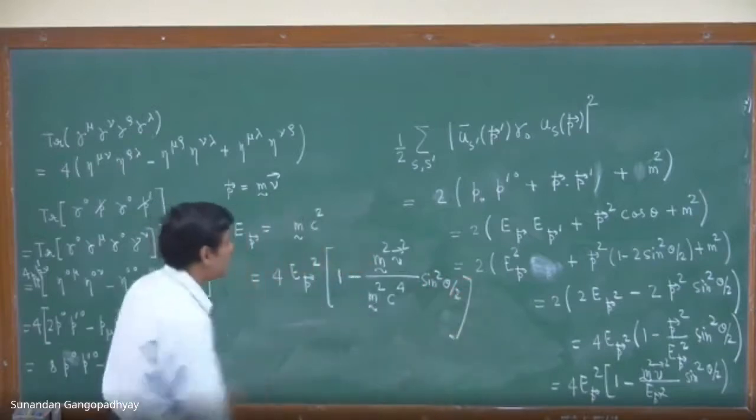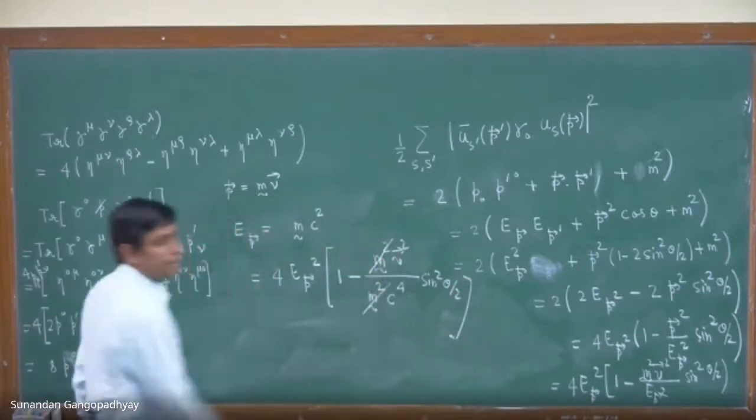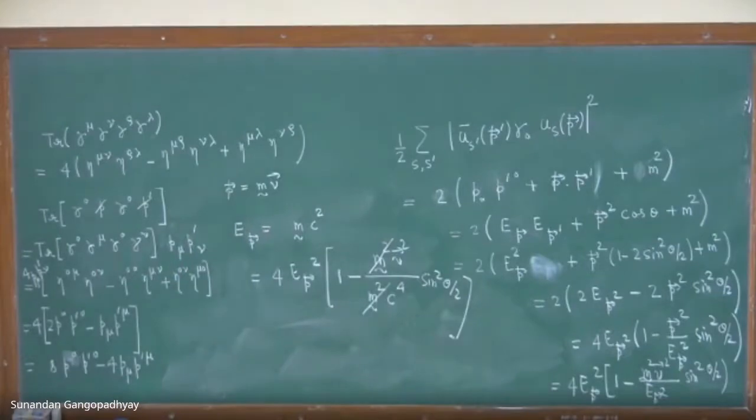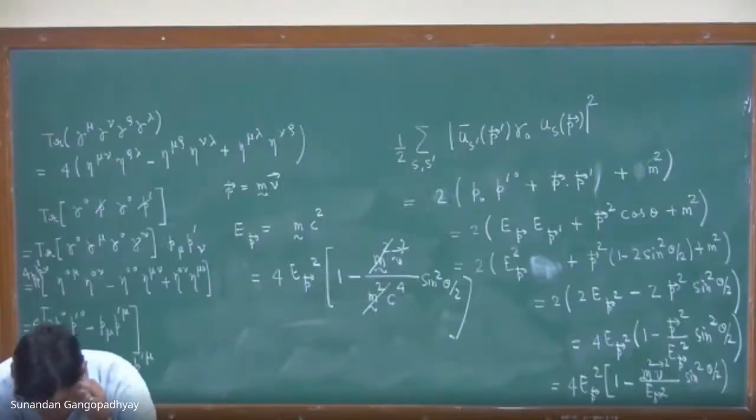Now you can see that m tilde has cancelled. There will be no c there because we have taken c equals 1 already. That is true, but you can restore c at the end of the calculation.